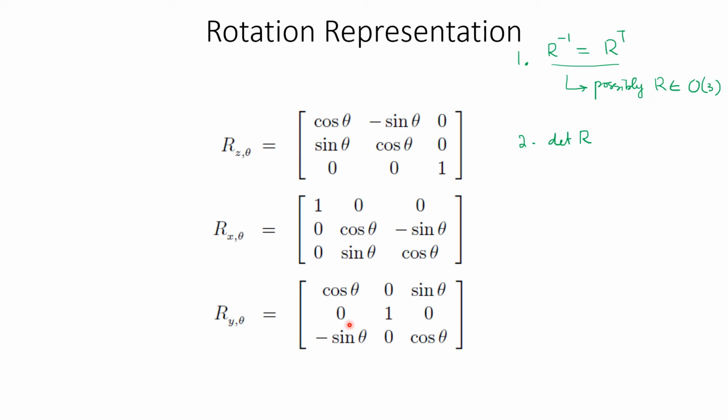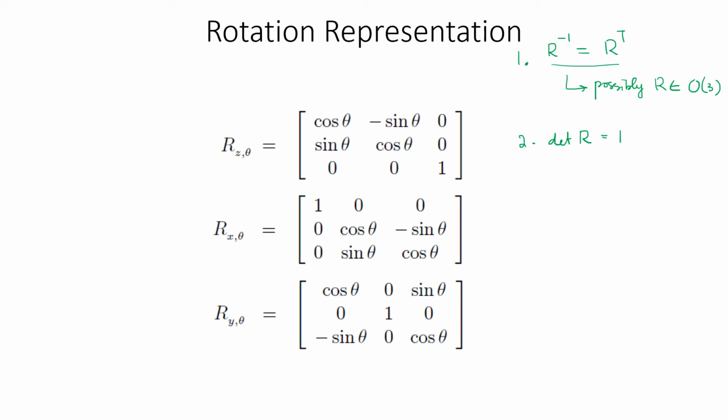So you can see that cos square of theta and sine square of theta added together is going to produce 1. Since other elements are zeros, this determinant turns out to be equal to 1. Similarly for this, you can counter check that. And similarly for this, you can readily identify that this is also going to be following the same route. So determinant turns out to be, in these cases, equal to 1.